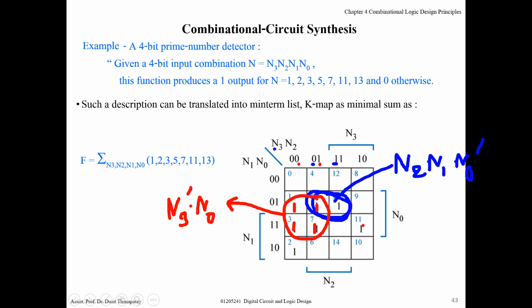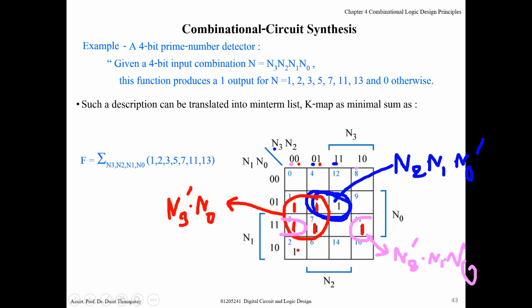And how about this logic 1 output? You can select this one. Yes, but it's not good enough. You should select these 2 cells together. So what is the result of the product term? N3 disappears, right? Because N3 is 0 here, 1 here. And N2 is 0, right? Then N2 prime, and N1, N0 is 1, 1. So N1 and N0.